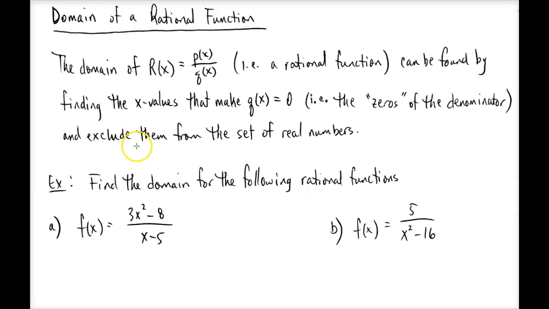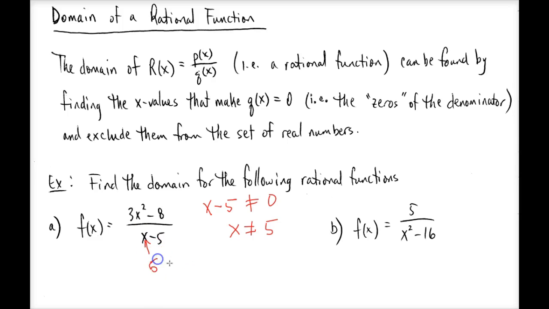So for example, for the function for part A, we know that x minus 5 is not allowed to be 0. So if we add 5 to both sides here, we see that x is not allowed to equal 5. And of course that's true because if we plug in 5 right there, that makes our denominator 0.